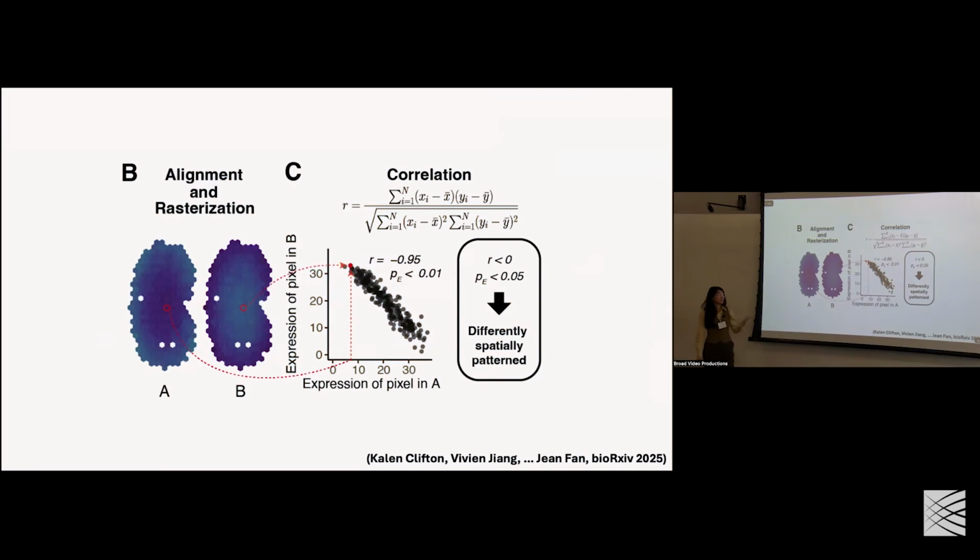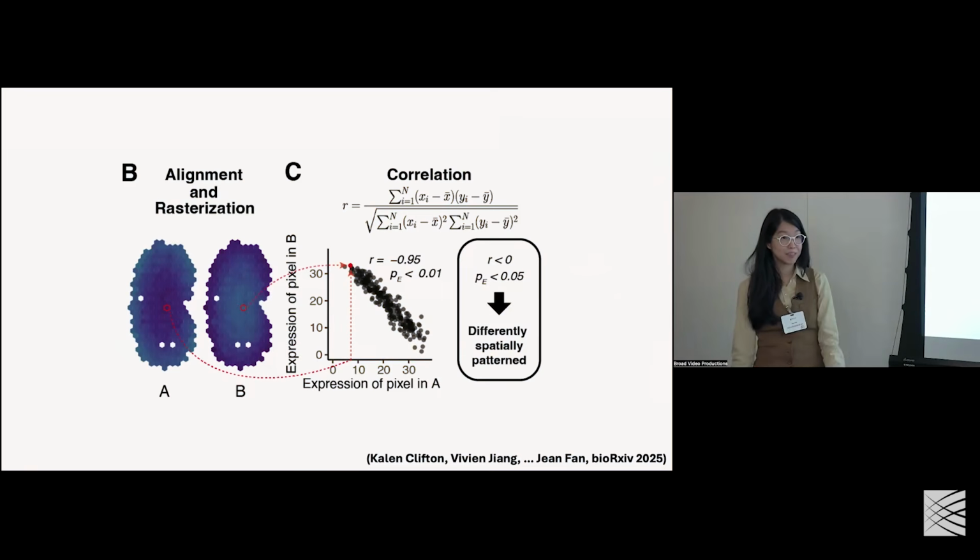In this case, you can see that there's a very prominent negative correlation. And this is what we would call differentially spatially patterned, because there's this negative correlation.